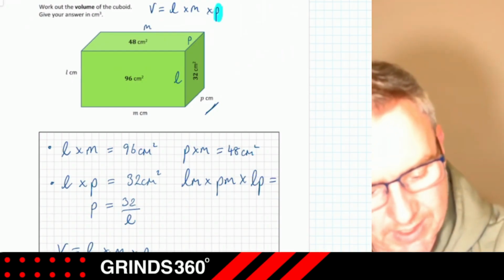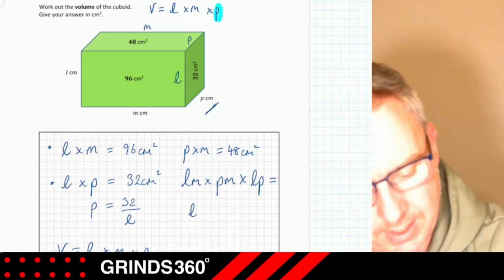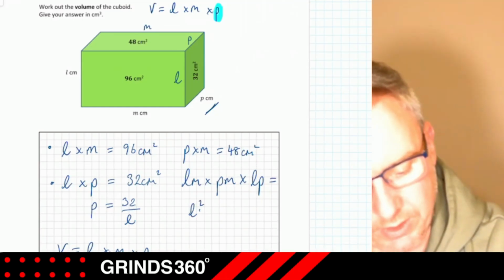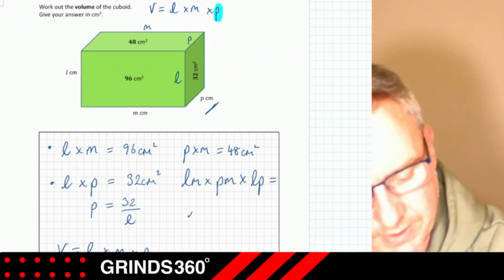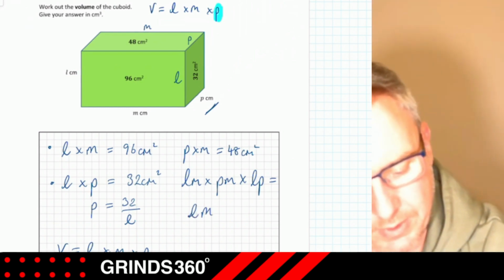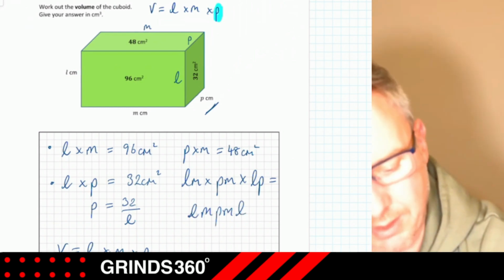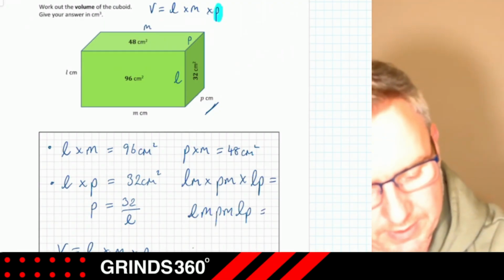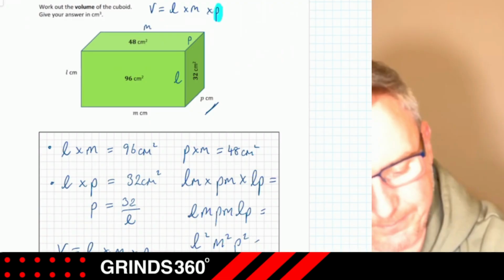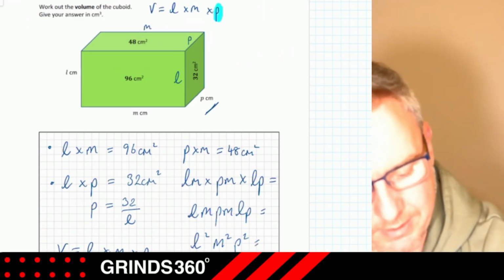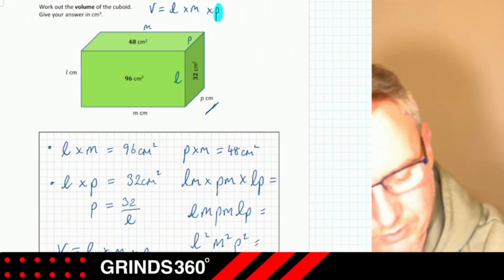We could have said, well, that's actually L squared. Now I'll write this out fully for you. So you could have said that's L, M, P, M, L, P. So that's L squared, M squared, P squared. And then that's L, M, P, all to be squared.